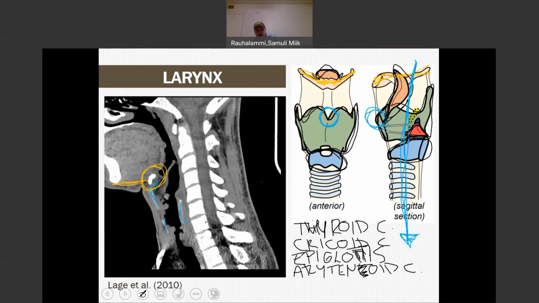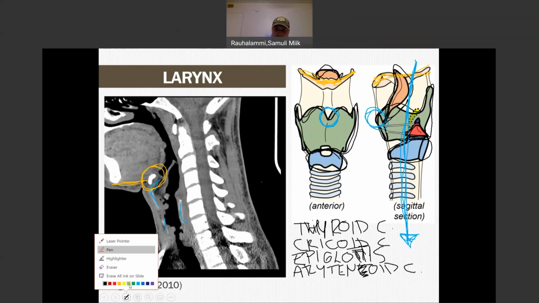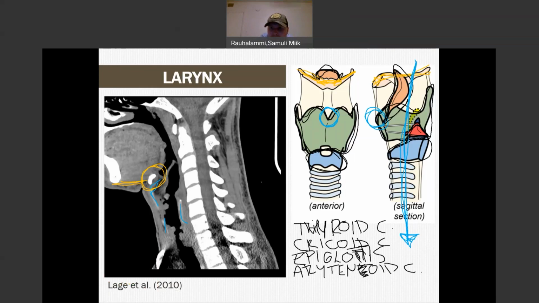We have two of them, one on the left, one on the right side. It provides the posterior attachment point for the vocal cords, and we can actually see the vocal cords also on this diagram here nicely, and we'll talk about them in just a bit.